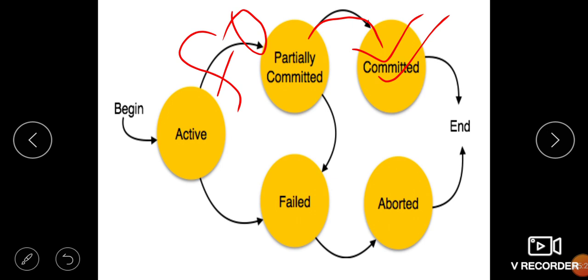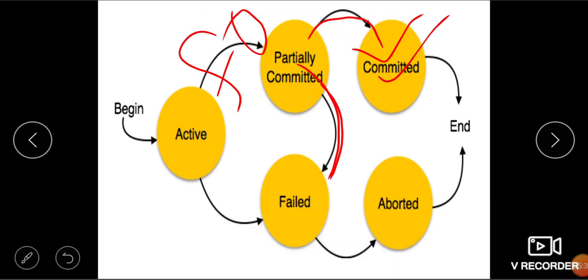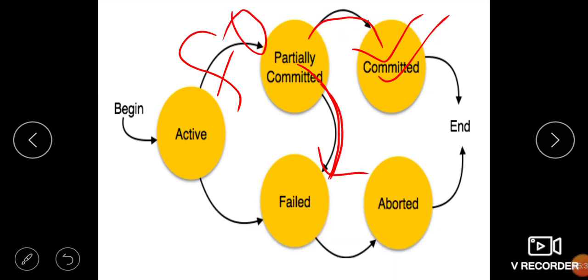Now if it is not committed, then it goes to the failed state. A transaction is said to be in the failed state if any of the checks made by the database recovery system fail. At that time a failed transaction can no longer proceed further.